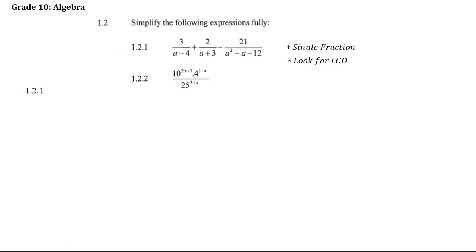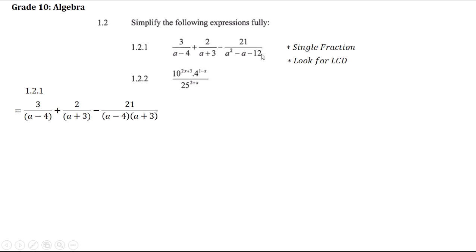The first thing that we need to do is to simplify a squared minus a minus 12. How do we simplify this? By factorizing. This is what we have after factorizing. How did we get this? What are the factors of 12?